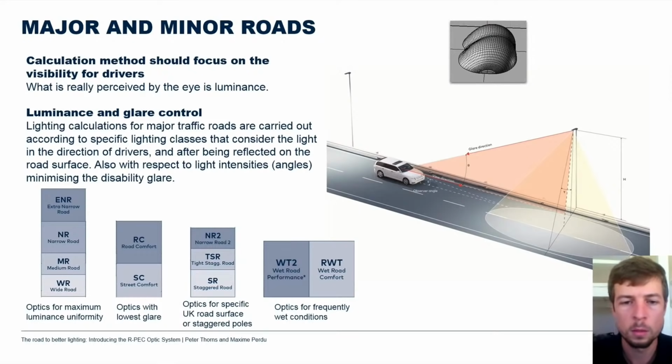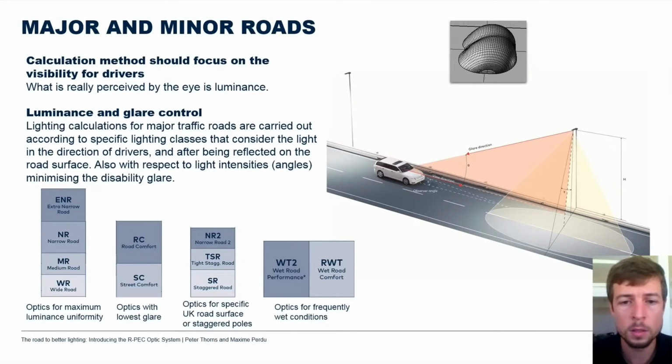The first one consists of the light which is reflected by the road in the direction of the driver. This light should be maximized and as uniform as possible, and also bright enough to match the lighting requirement.